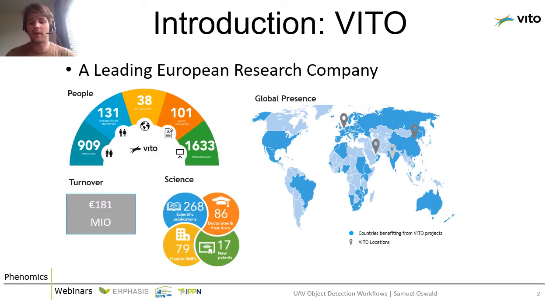We're VITO, this is who I work for. We're a leading European research company. We are principally based in Belgium, but have offices throughout the world. So we have almost 1,000 employees, are quite involved in a lot of different research domains, so not just in plant phenotyping or in remote sensing.